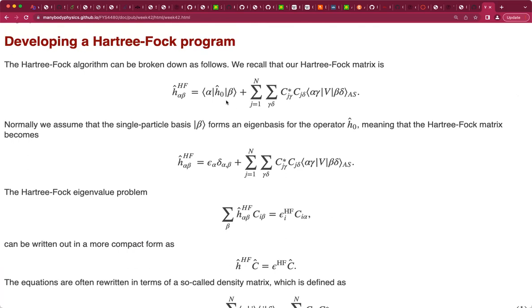So many people do assume that, but you could obviously use another basis, which is not necessarily diagonal for H0. So if you're using Gaussian basis sets, which is pretty common in atomic physics and molecular physics and quantum chemistry, then this is not diagonal in that basis. And then you need to evaluate it. And you need to evaluate the overlap as well in order to normalize the product.